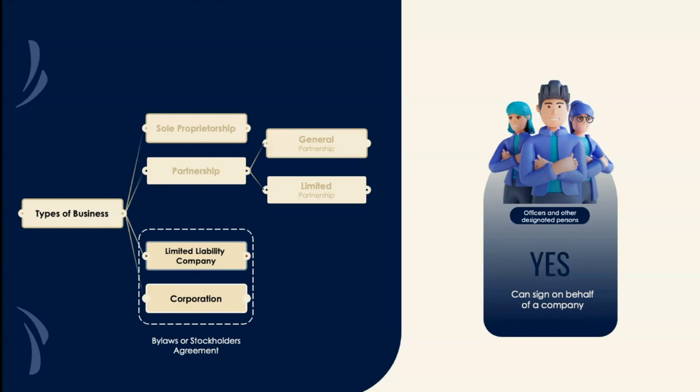You can also designate other people other than the officers to serve in the role of authorized persons who have the ability to bind the company. Many big companies, publicly traded companies, have managers, directors, and others that are authorized under their bylaws to execute contracts on behalf of the company.